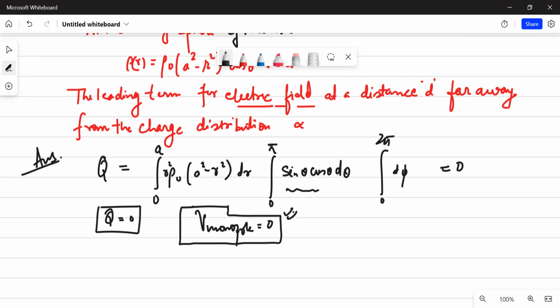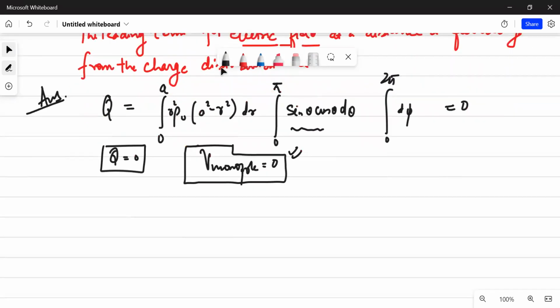Okay, since this is 0, now we'll have to see a few more things. If this is 0, let us try to find the contribution if there is a certain dipole contribution to it. So that is found by integration from 0 to pi, integration from 0 to 2 pi, integration from 0 to a, and I will have r cosine theta, right?